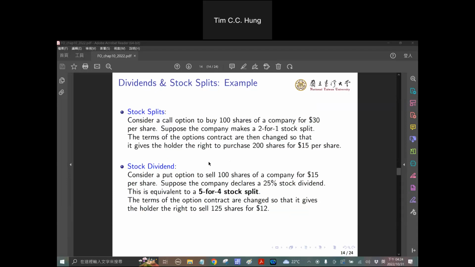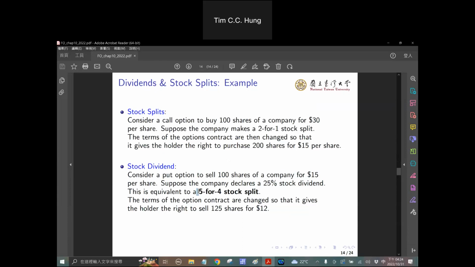Now let's talk about stock dividends. Consider a put option to sell 100 shares of a company for $15 per share. Suppose that the company declares a 25% stock dividend. What does a 25% stock dividend mean? It means that previously when you held 100 shares of stock, after this stock dividend you'll be holding 125 shares of this company's stock.